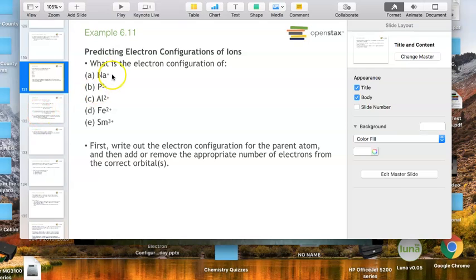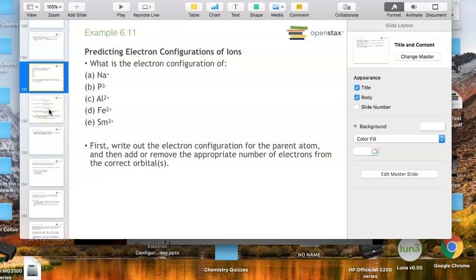Here, for example, I have sodium. For sodium, I'm going to first write the electron configuration for neutral sodium, and then because it's a sodium cation, a positively charged ion, I'm going to remove one of those electrons.